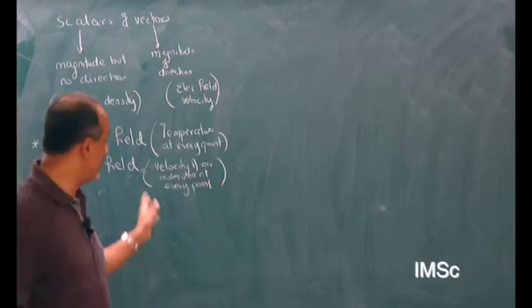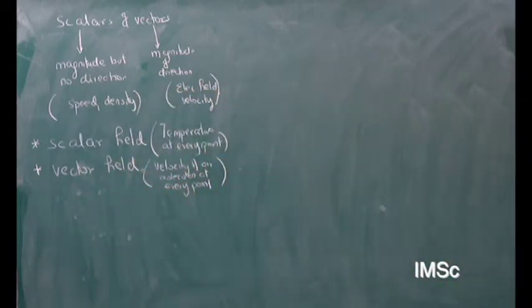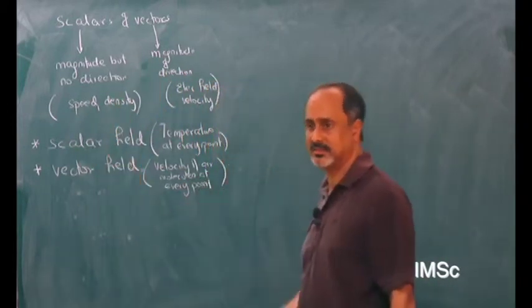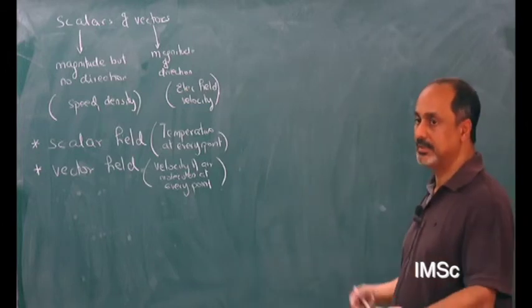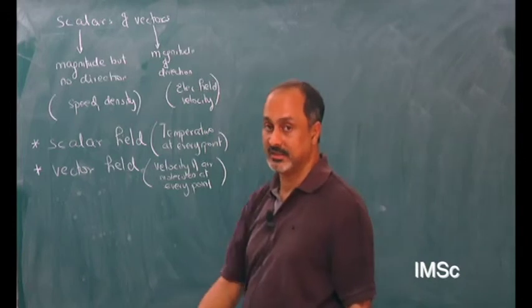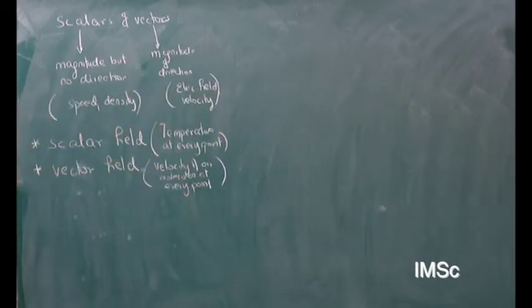For example, the velocity of air molecules near the vents of the AC will be directed outward, whereas at some other point in this room, they might have no explicit direction. It has some direction at a particular time, but that direction itself could vary in time. Maybe it's going up this time, maybe 5 minutes later it's going down, depending upon the flow patterns in circulation inside the room.